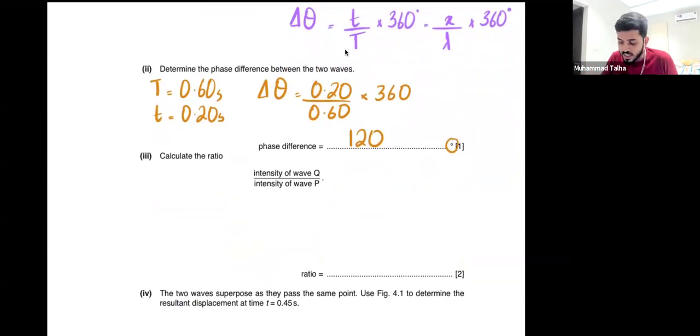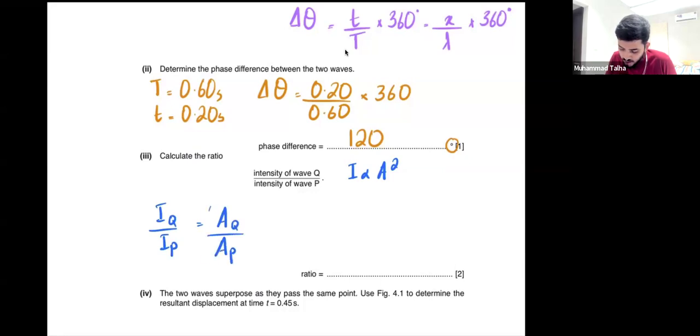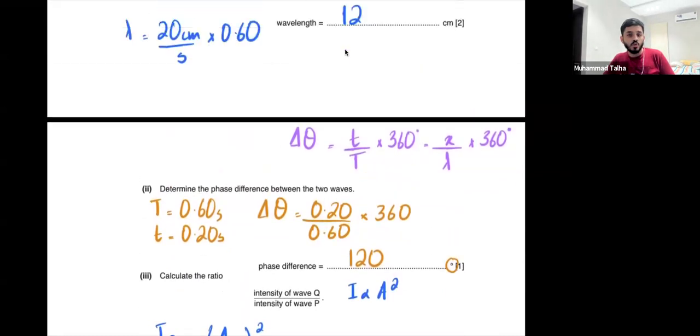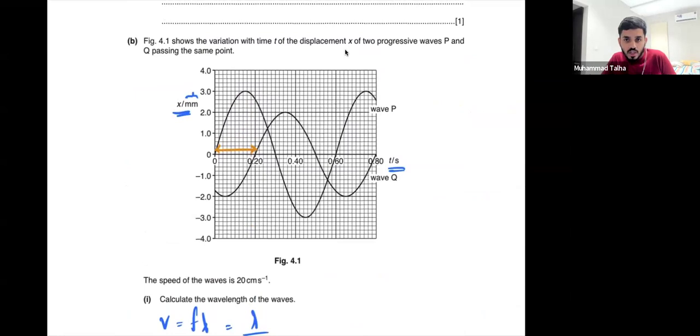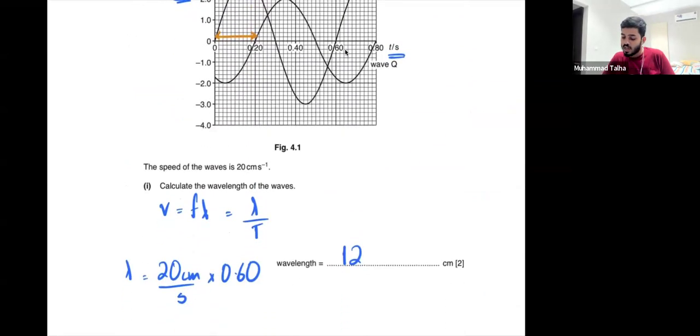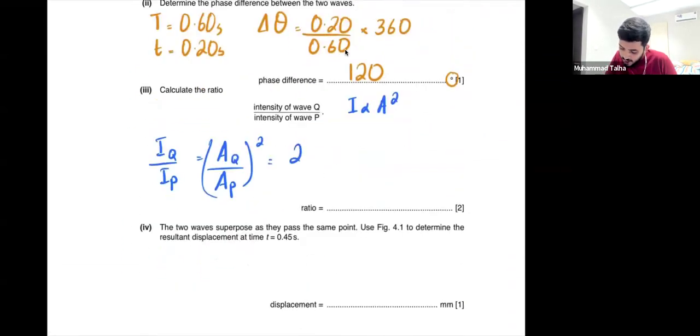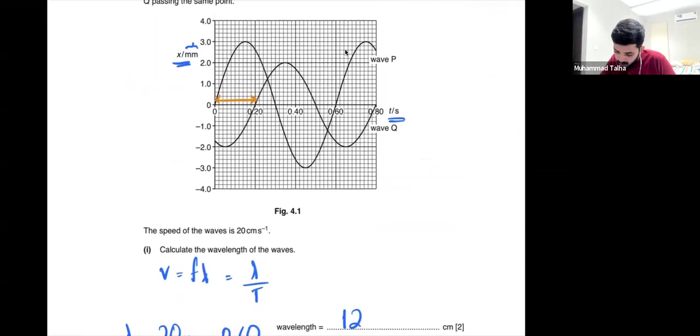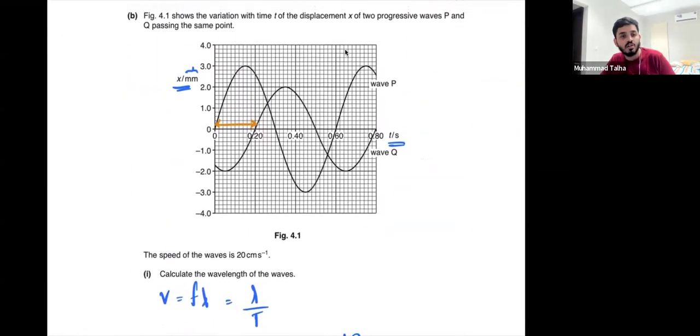Intensity of Q over intensity of P is what you must be thinking of. So intensity of Q over intensity of P is amplitude of Q over amplitude of P, but with a square on top. The amplitude of Q is 2, and the amplitude of P is 3.